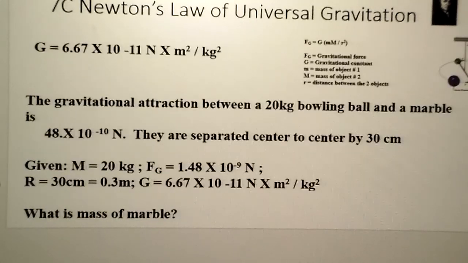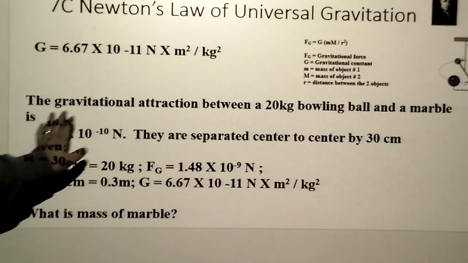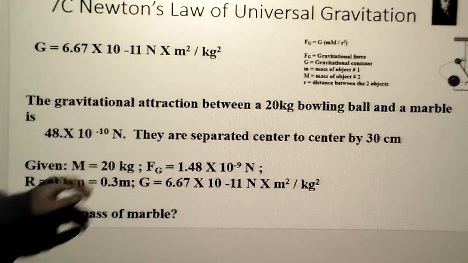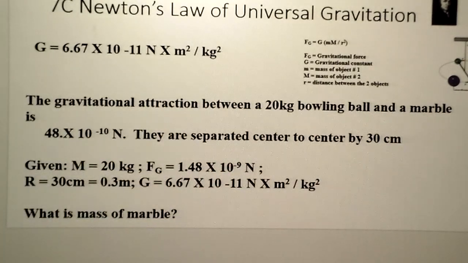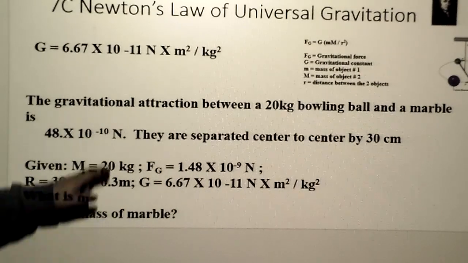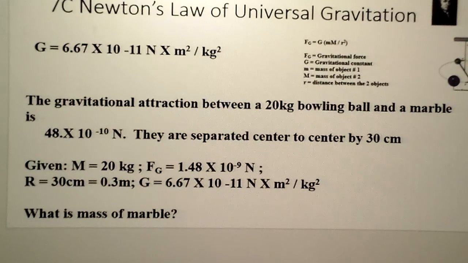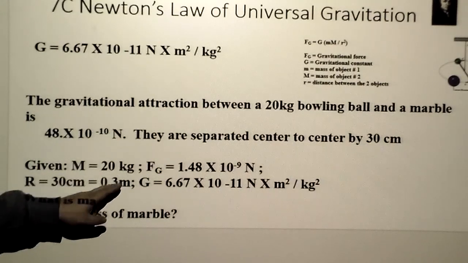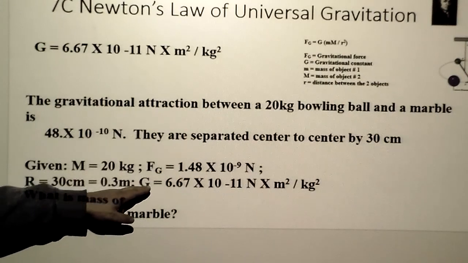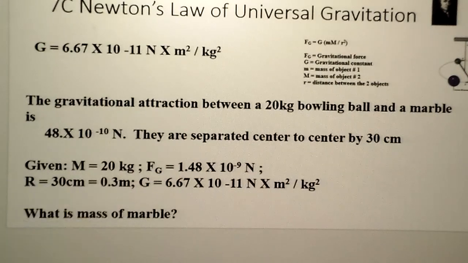Okay? So with that, guys, we can look at the gravitational attraction between a 20 kilogram bowling ball and a marble. That's our force of gravitational attraction, 1.48 times 10 to the minus 9, and they're separated center to center by 30 centimeters. So, given all this information, and our gravitation constant is this, what is the mass of the marble?